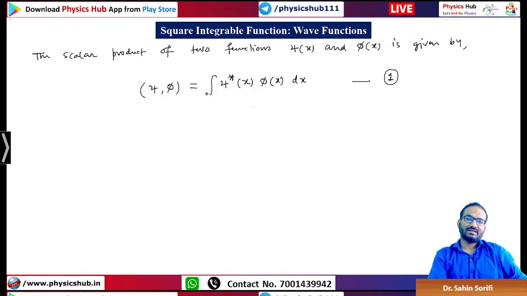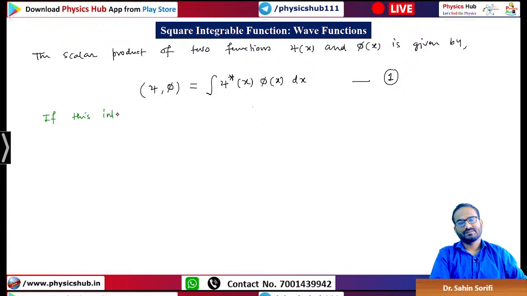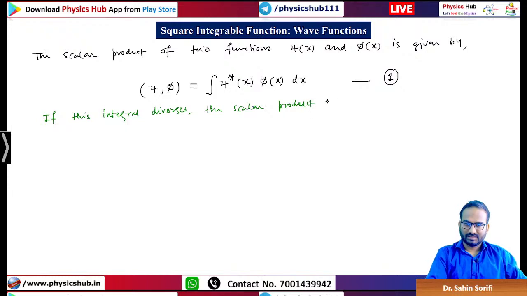Now if this integral diverges, then you can say that this scalar product does not exist.